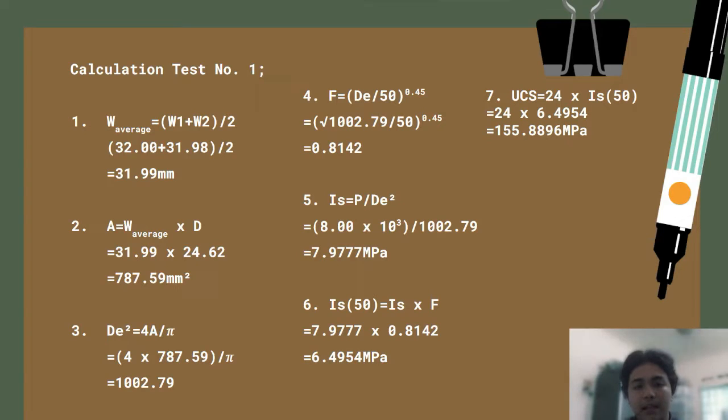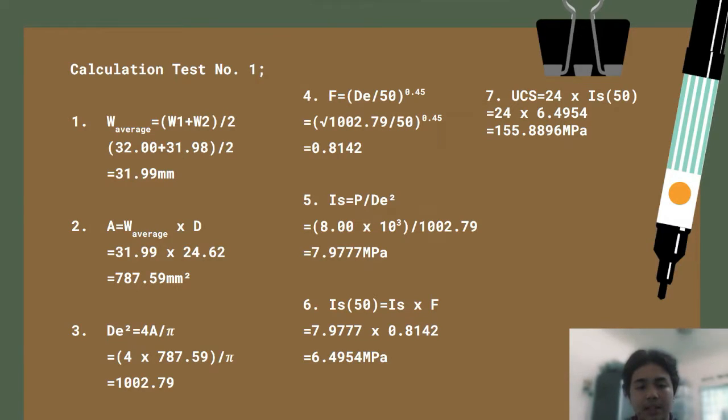1002.79, and then we calculate the correction factor with the formula DE over 50 to the power of 0.45, and we get the value 0.8142. Then we calculate the point load with the formula P divided by DE squared, uncorrected, and we get 7.9777 megapascal.